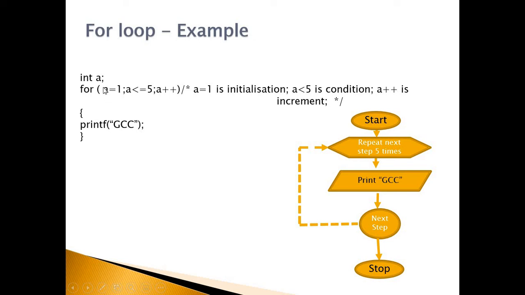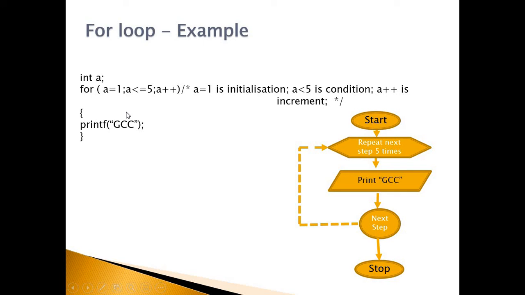You can take any variable. It is not compulsory that we should take i. It can be any variable. But as i stands for iteration, you will find that in different looping programs, usually i is used as a loop control variable. Here we have taken a is equal to 1.